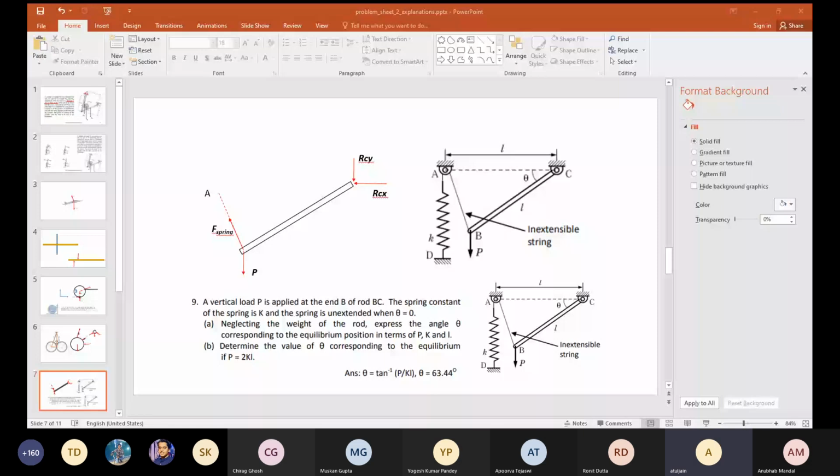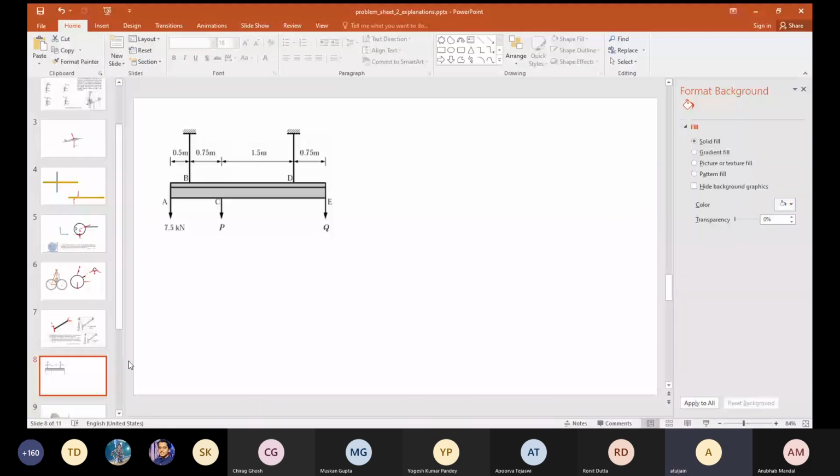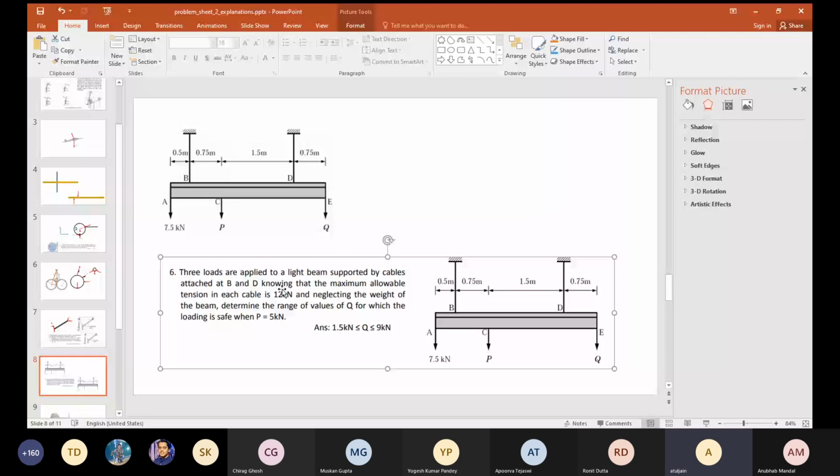Let me briefly explain what this problem is saying. You have a bar ACE. It is held by two threads, one at B, one at D. Now A is known, and P is known to be 5 kilonewton.